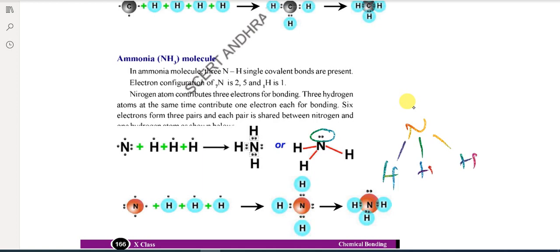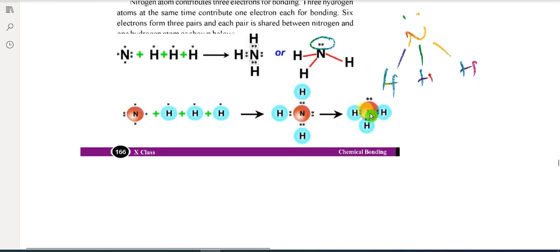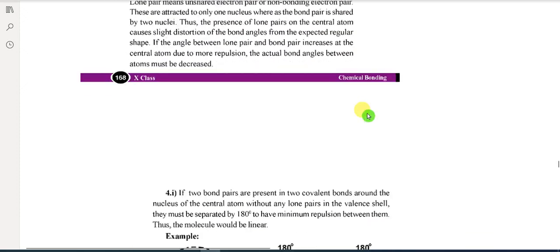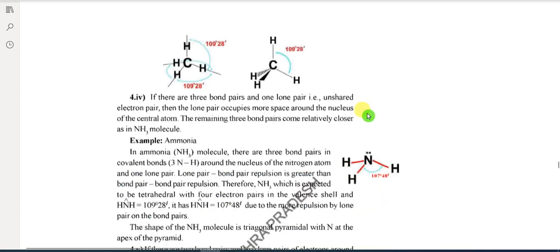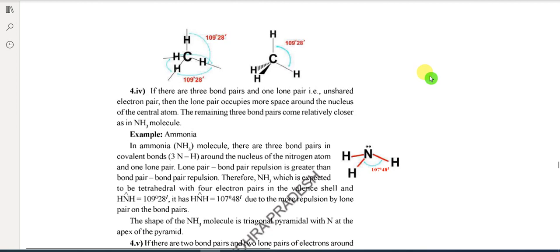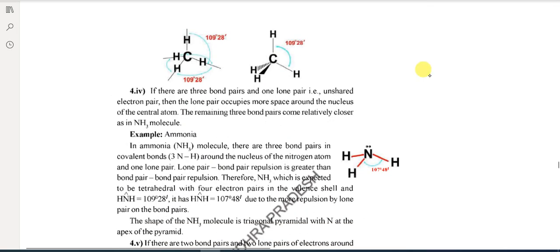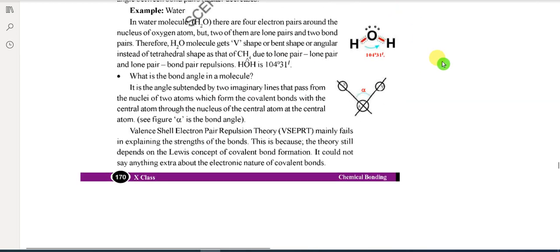There is no meaning; put 2 dots, a pair. And oxygen also, in oxygen you know already. And next one is methane. In methane also important, ammonia and water. In water also a very simple diagram.